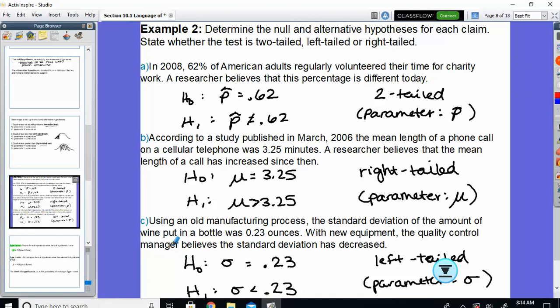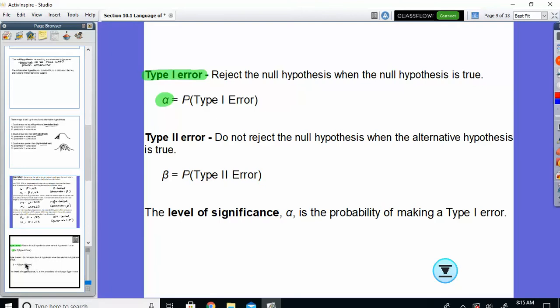The other type of error would be when you don't reject it, but you should have. I do my example, and I get that my standard deviation is still 0.23, but it's actually not. So type 2 error is when you do not reject, but the alternative is true. And the notation for that is beta.